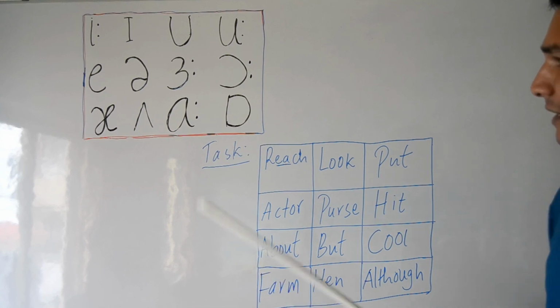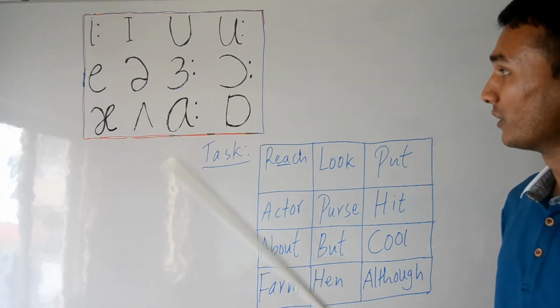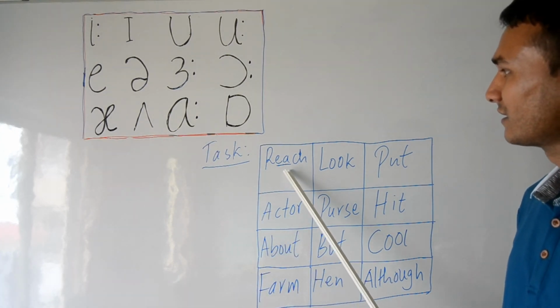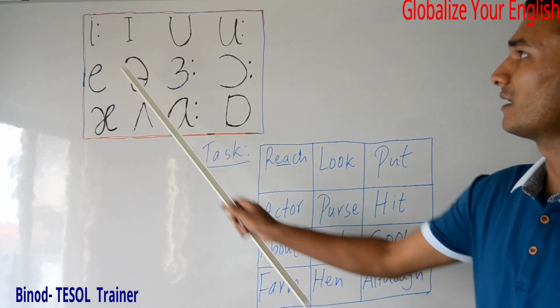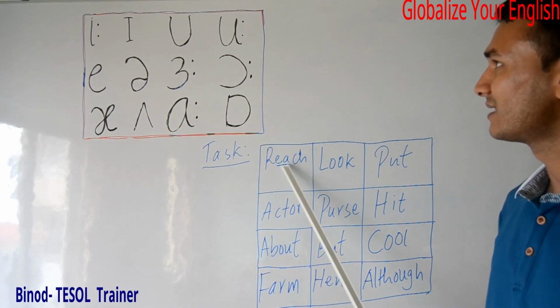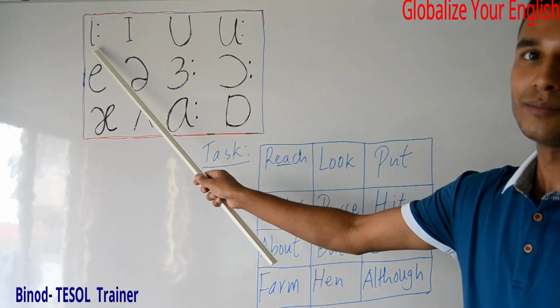Okay, now please write in the comment section below which number you find for each word. For instance, in the word read we have that sound, so put number 1 in the comment section.